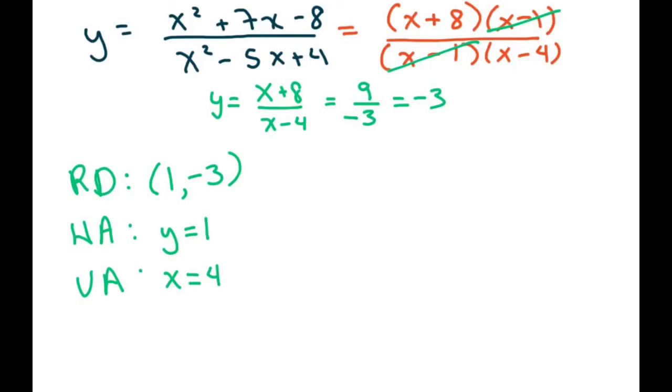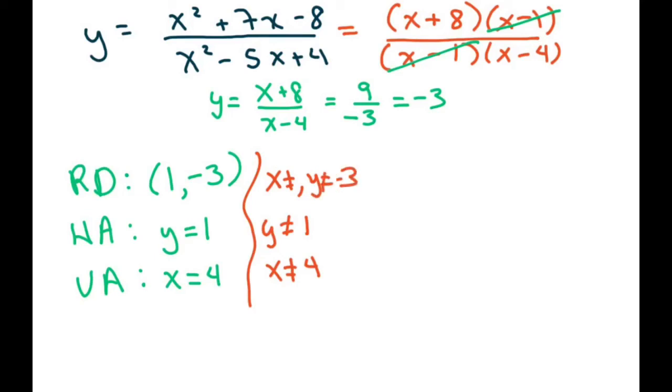So technically, when you look at this, this means that for our range, y cannot be 1, and for our domain, x cannot be 4. And also up here, x cannot be 1, and y cannot be negative 3, because that's a discontinuity.